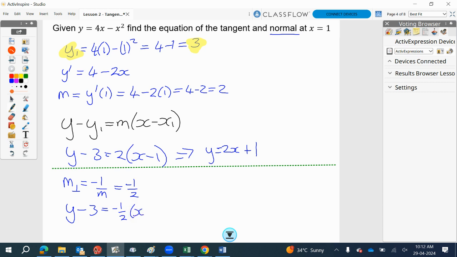What's the x value we're working with? 1. x minus 1. We can leave it in this form if we want. If I just rearrange it, we would have minus a half x. This would give us plus a half, so we get plus 3 and a half, which is 7 over 2.